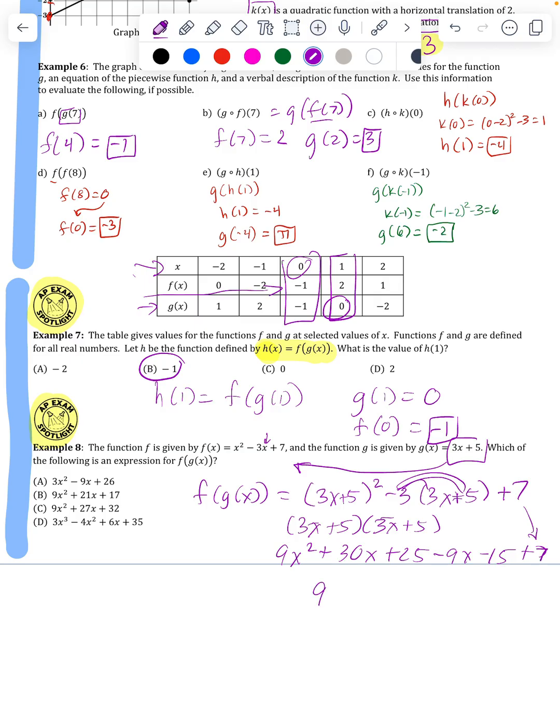So combining like terms, I have my 9x squared, I have a 30x and a minus 9x, so that's going to be 21x. And then I have a 25, a minus 15, and a 7, and so that turns into 17. It's multiple choice, so I am just matching that to option B.